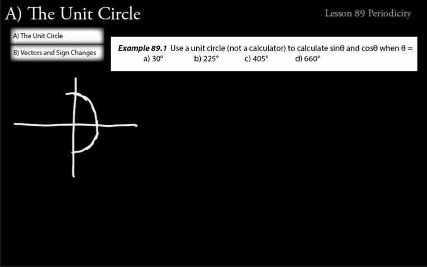It doesn't have to be anything fancy. So for A, we want to do 30 degrees on there and figure out what sine and cosine of 30 degrees are. So relative to that x-axis there, let's just estimate a location of 30 degrees. So something like that. And so a hypotenuse of 1.